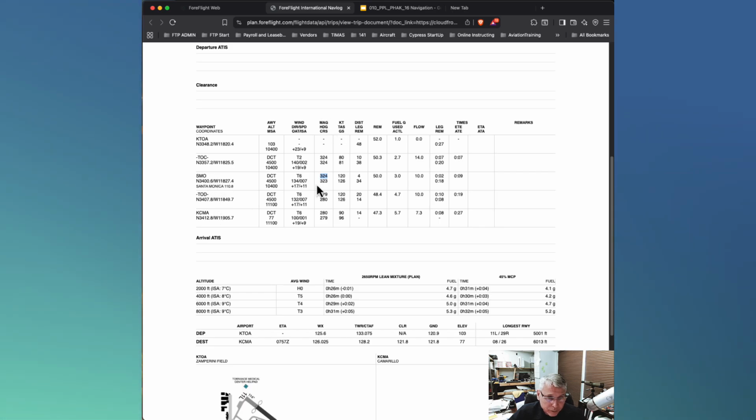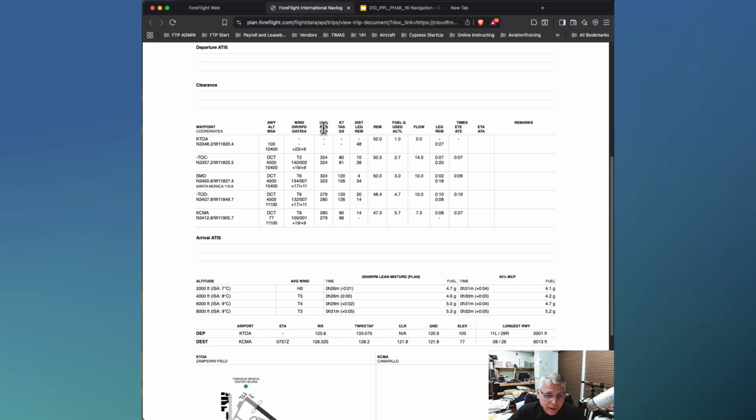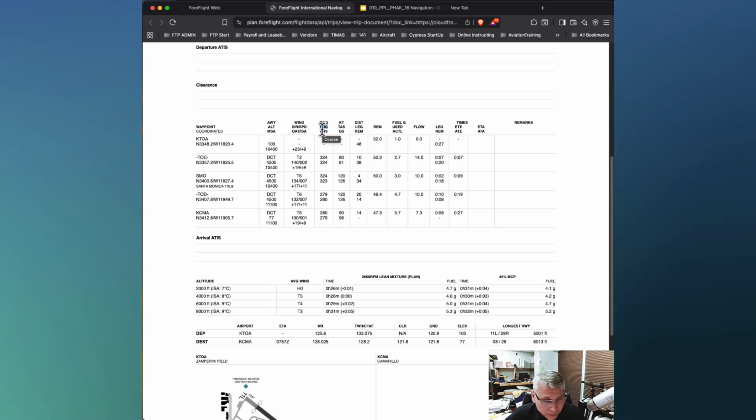So Santa Monica to my top of descent, 324 is my magnetic heading. Okay, and again, magnetic heading is going to be two things. It's going to be the wind correction angle, and it's also going to be the variation. Both of those are taken into account.